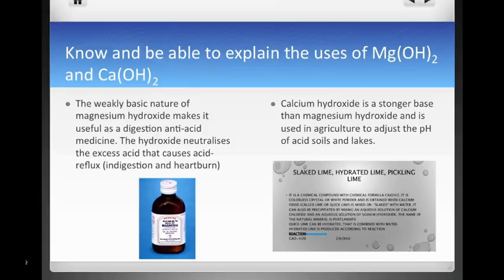Calcium hydroxide would do the same thing, but it's much stronger as a base, and so therefore it's used in agriculture to adjust the pH of soils and, in some cases, lakes. When it's used in the agricultural area, it's called slaked lime, hydrated lime, and pickling lime.